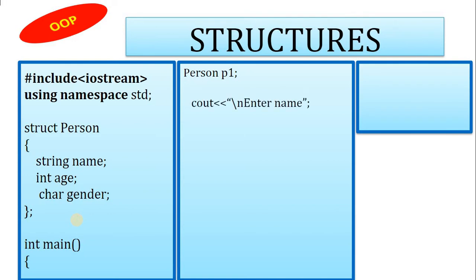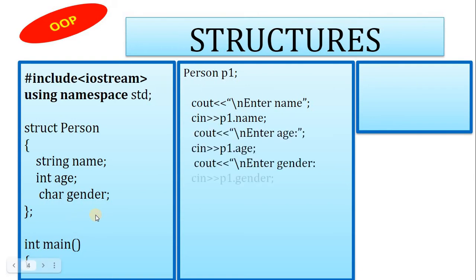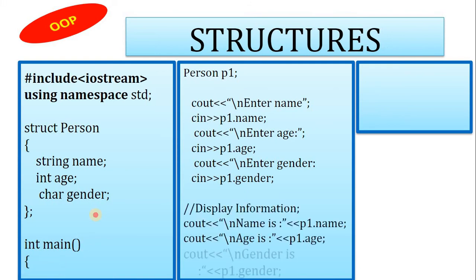For example, if I am writing enter name, I am writing p1.name. So to access the structure member name from the main function, you have to use the structure variable p1. In a similar manner, gender and age have been taken. To display the same thing, we are using cout p1.name, p1.age and p1.gender. So this was a part of a structure.